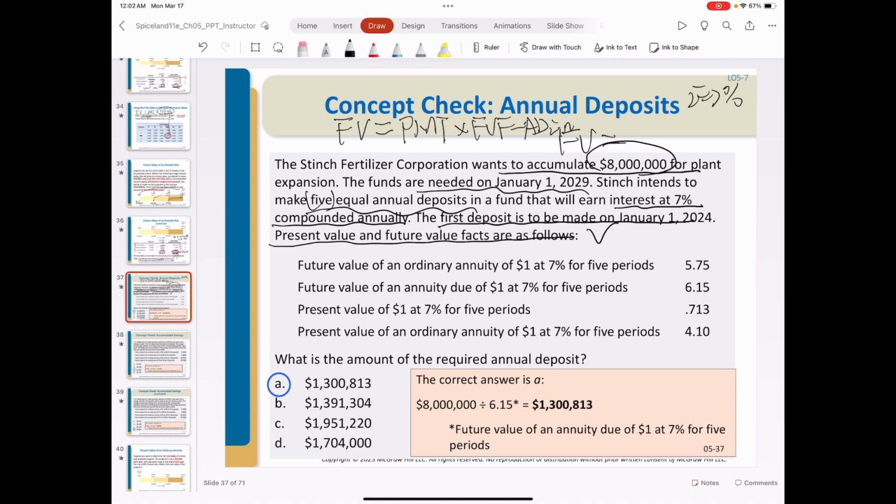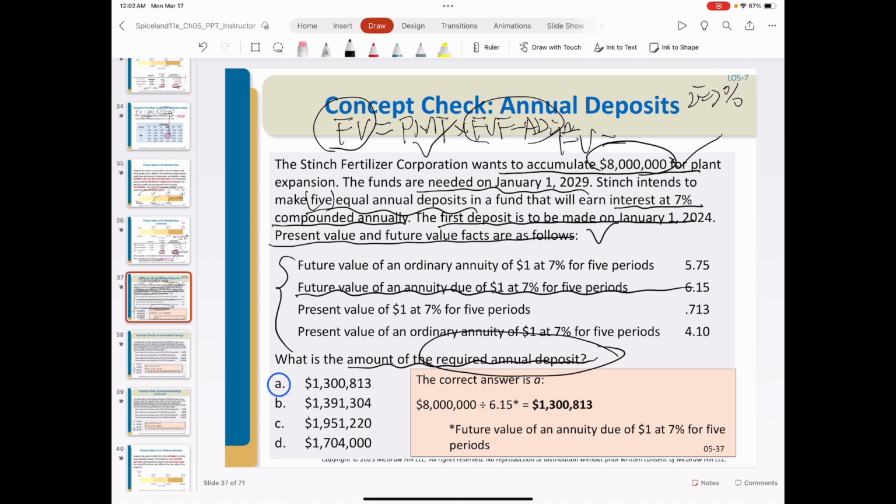We are asking for the amount of deposit each year. In other words, we are solving for the payments. What we need is the future value. Future value is 8 million. And the next is the future value factor of annuity due. We are given all this information, but we only need one. Actually, this one.